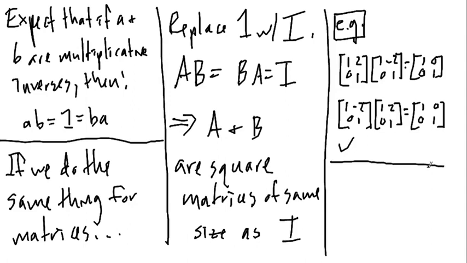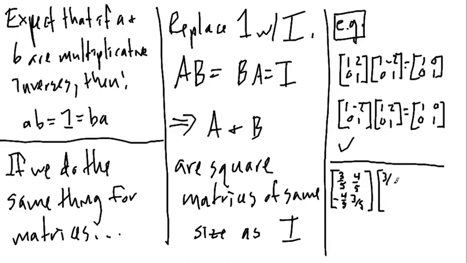Let's just do one more example. Let's take, I don't know, I'm just coming up with something off the top of my head. 3 fifths, 4 fifths, negative 4 fifths, 3 fifths. I'm going to multiply that against its inverse.